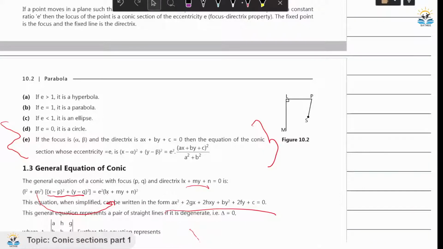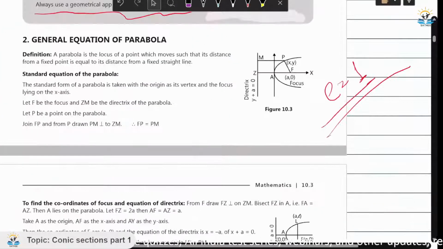Conics are basically the locus of points for which the ratio of the distance from a fixed point to the perpendicular distance from a fixed line is constant. That constant is called the eccentricity. When the eccentricity is equal to 1, it becomes a parabola. When it is less than 1, it becomes an ellipse. Greater than 1 becomes a hyperbola, and equal to 0 becomes a circle.